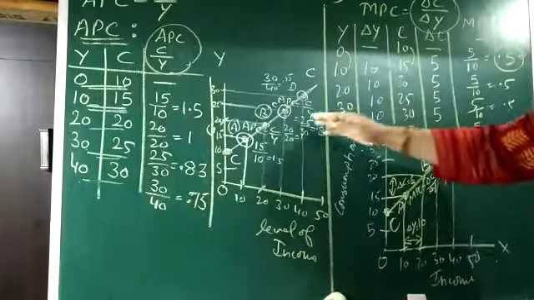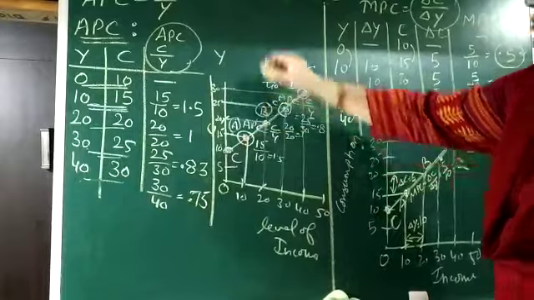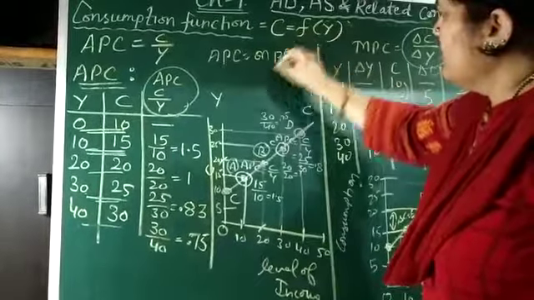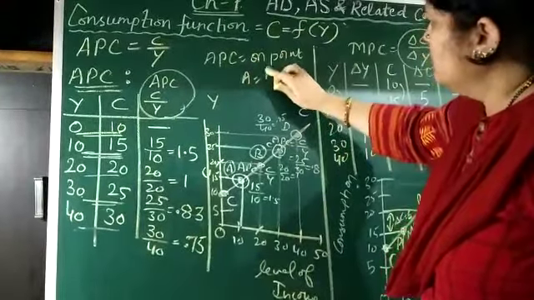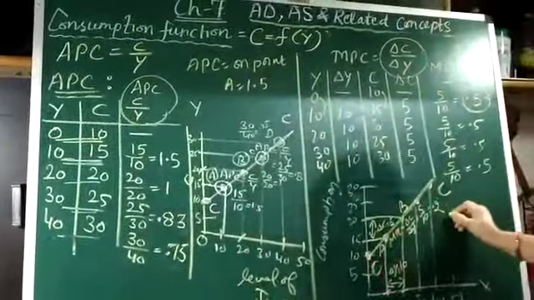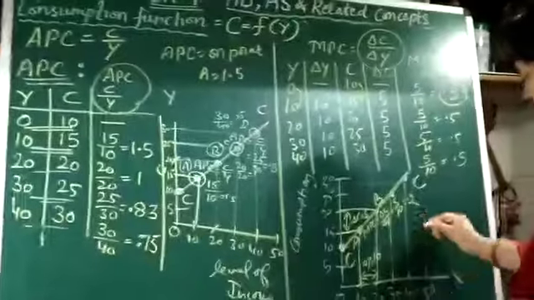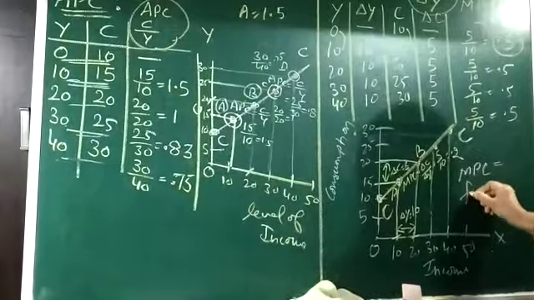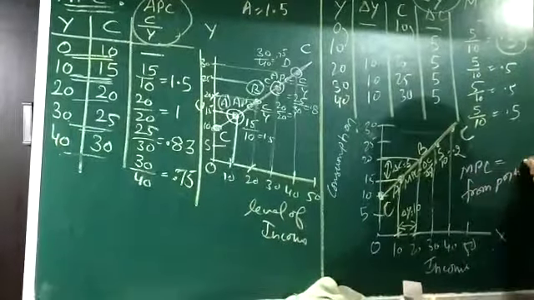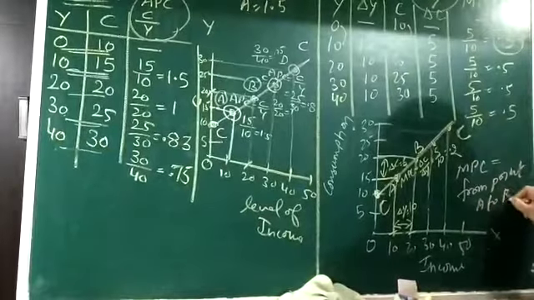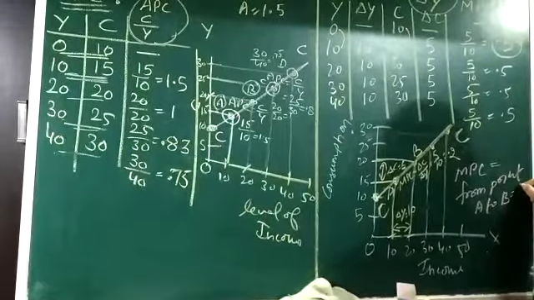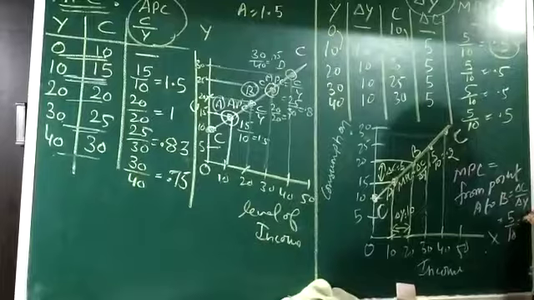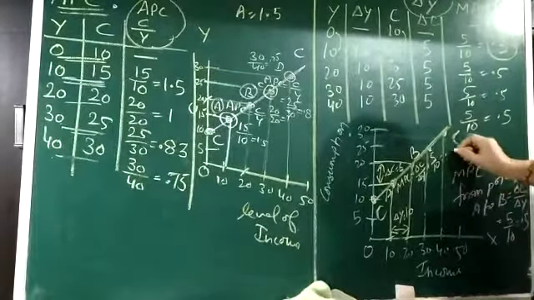So the basic difference between APC and MPC is you can obtain the value of APC on point A, which is equal to 1.5, and the value of MPC can be derived from point A to B, which is equal to delta C upon delta Y is equal to 5 upon 10 is equal to 0.5.